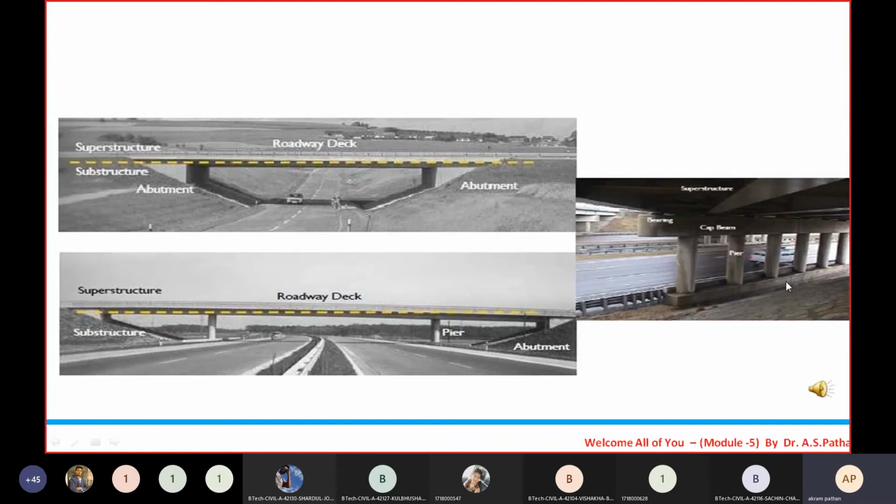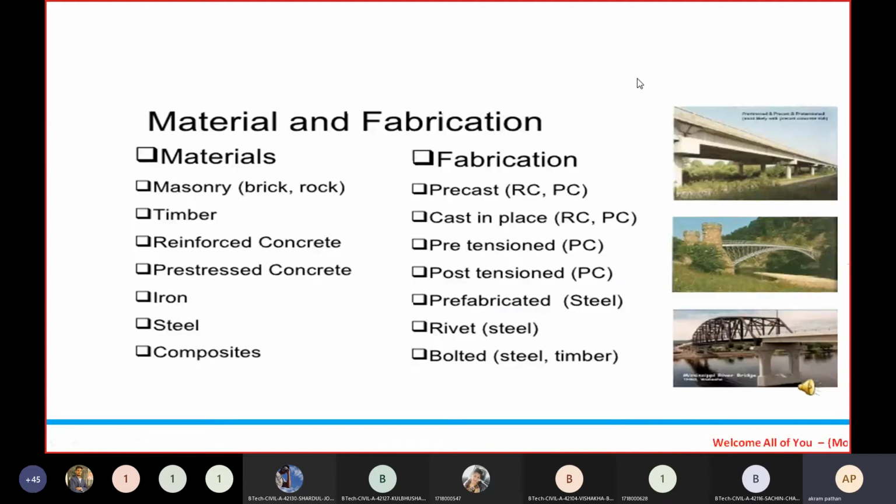So here also we have the superstructure, then the bridge bearing, then the cap beam, and these vertical members we call piers. Such component parts we should understand in the case of the bridge.